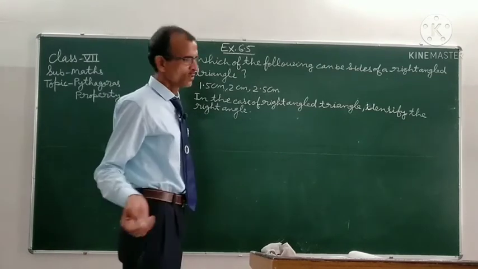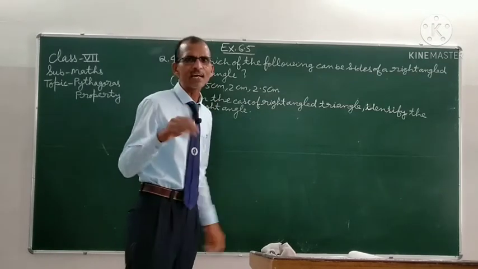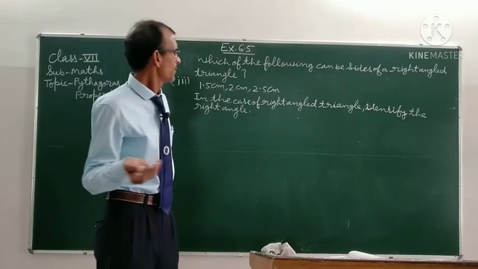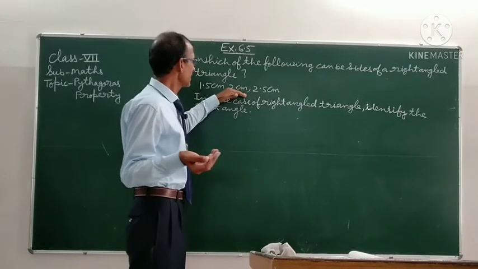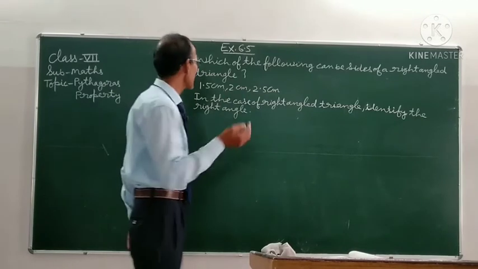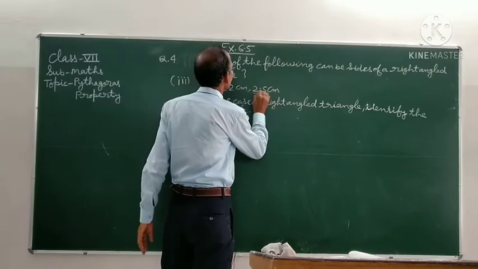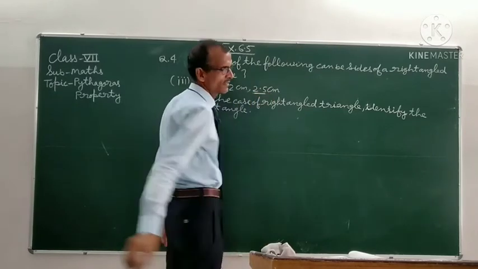Okay, to check if the given sides are sides of a right angle triangle, first we find the square of the longest side. Which is the longest side among these? 2.5 centimeter is the longest side.